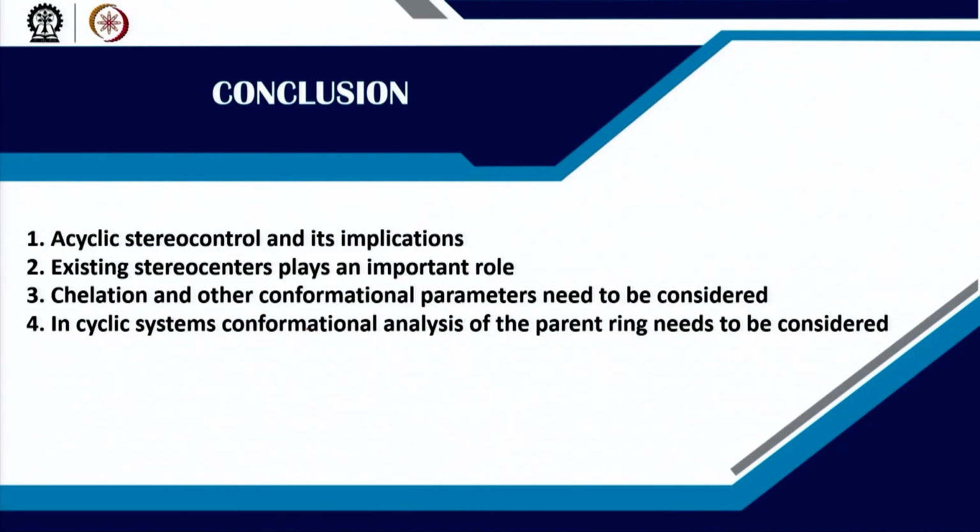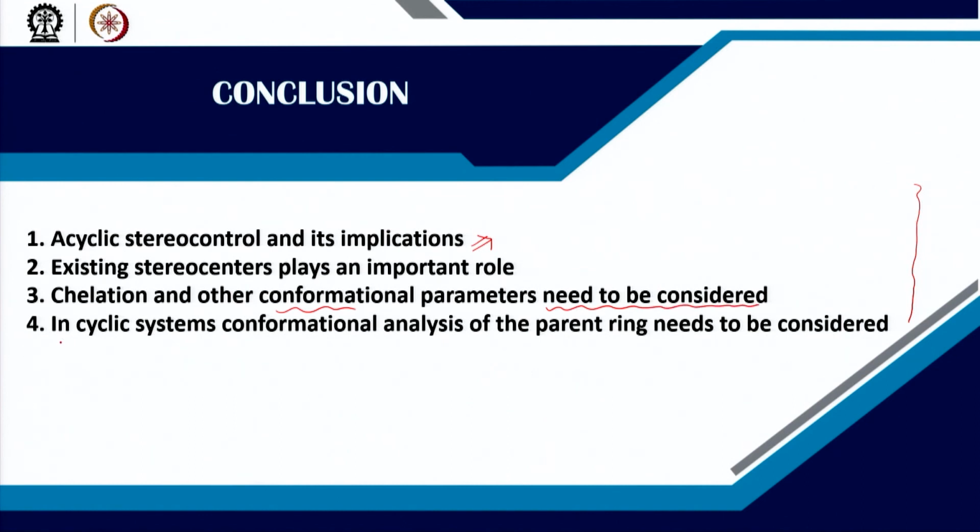So, as a concluding remark after this half an hour or so discussion, we can say that we have discussed acyclic stereo control in some acyclic carbon systems where pre-existing stereocenters play a very important role. Chelation, which forms a rigid chelate, and other conformational parameters need to be considered when you are going to predict the absolute stereo control in the final product.